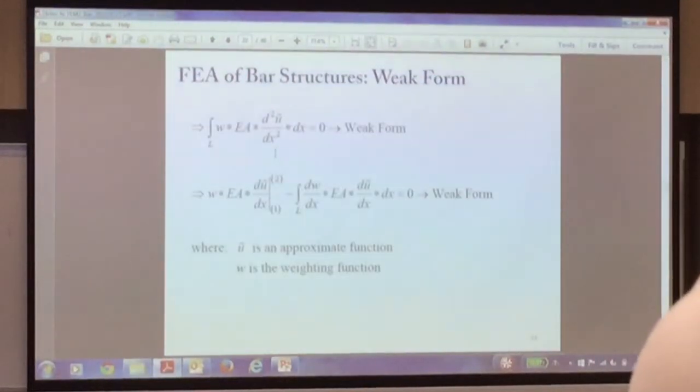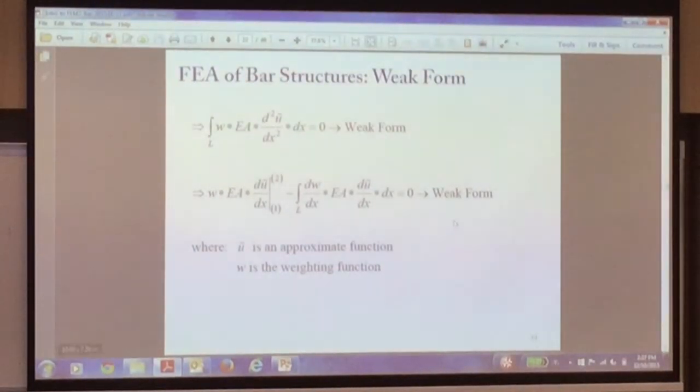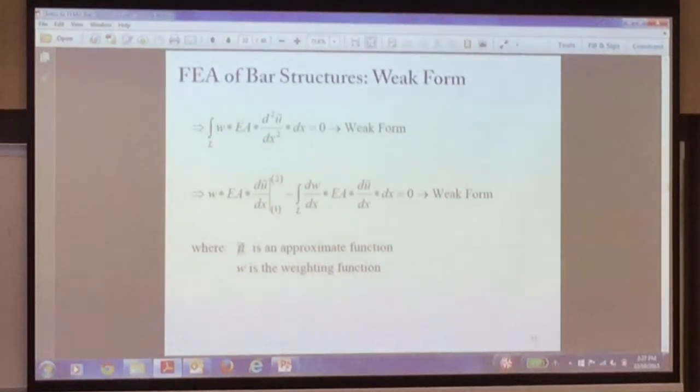But for the approximate displacement function, we only have to differentiate once. So that's the difference between a weak form and a strong form. So this one here is the approximate function, and this one here is the weighting function. Take note, we will need all of this information when we move to the elements, which is chapter 24 of your notes.